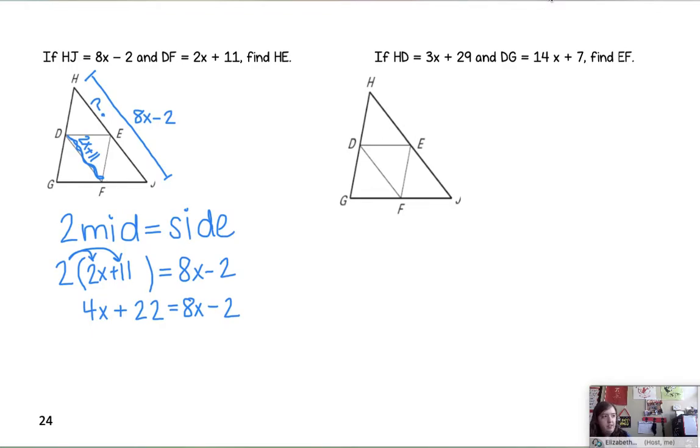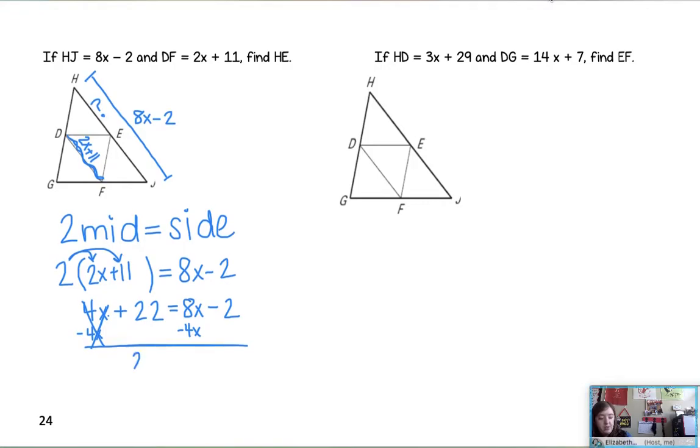Good deal. Yeah, I'm the same way. I was taught to keep my x's positive. So I'm going to subtract 4x from both sides. Four x minus 4x is 0.